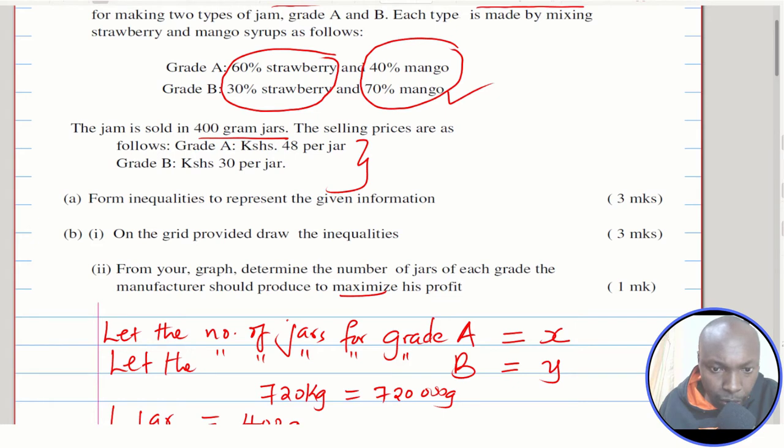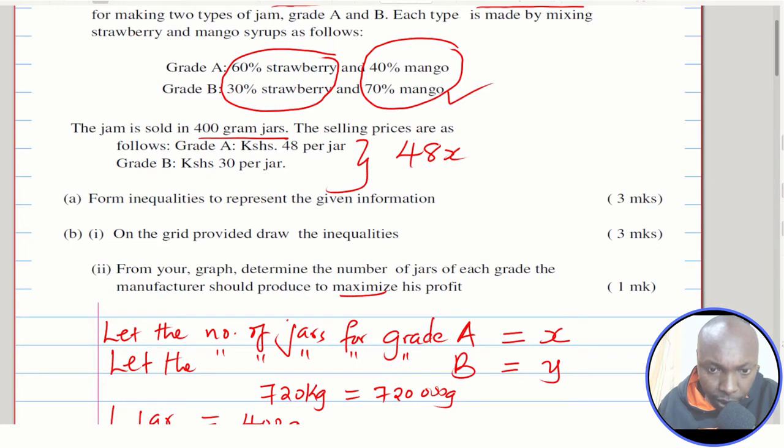So grade A, 48 shillings per jar. How many jars are there for grade A? There are x. So this one will be 48x. That will represent the total amount of money obtained by selling all the jars for grade A.